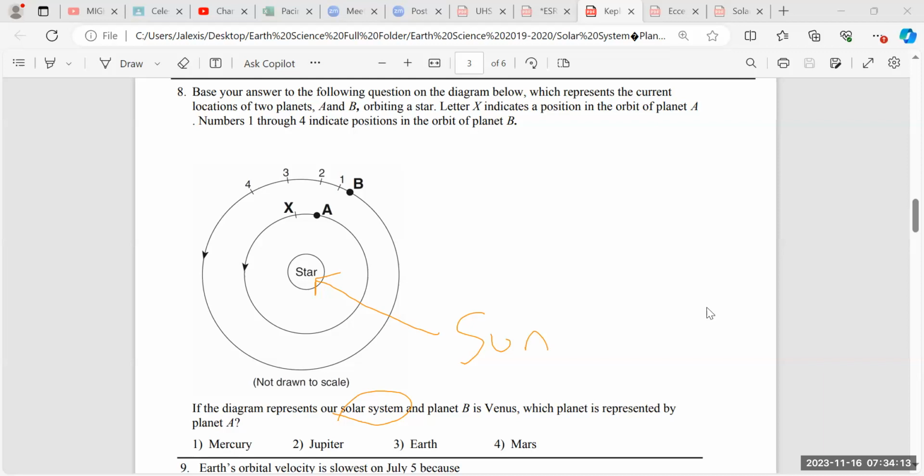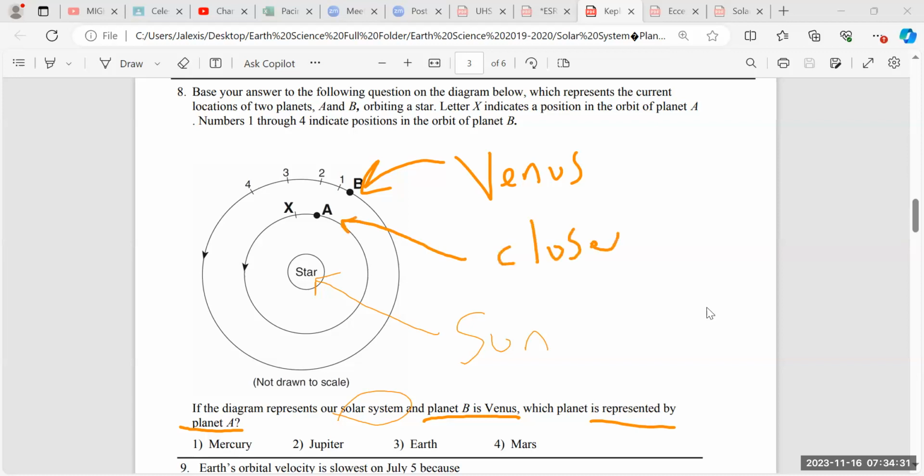Let's continue. It says planet B is Venus. So if B is Venus, what planet is represented by planet A? If planet B is Venus and planet A is closer to the sun than Venus, I need to know what planet is closer to the sun than Venus. So where can I find that information?